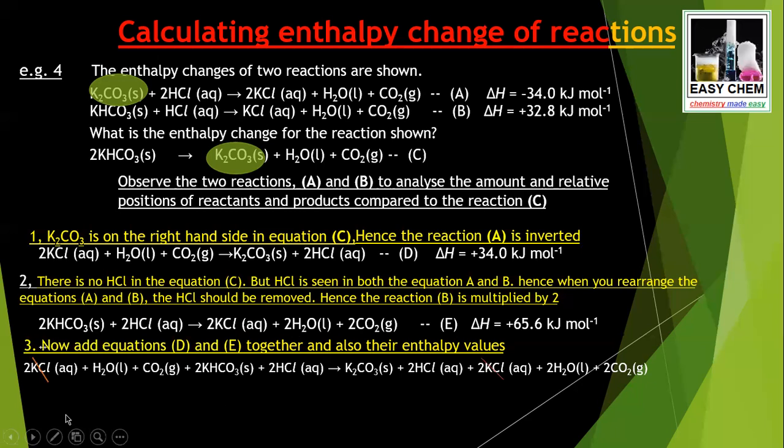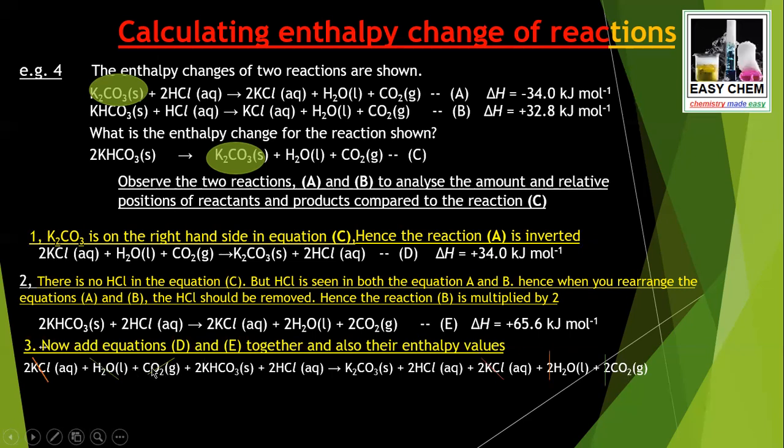And you can cancel out. How? 2 KCl on the left-hand side and 2 KCl on the right-hand side will cancel out. And then on the left-hand side, we have 1 water. On the right-hand side, 2 water. So 1 will cancel out, 1 will remain. And then carbon dioxide is on the left-hand side, 1. There are 2 carbon dioxide on the right-hand side.